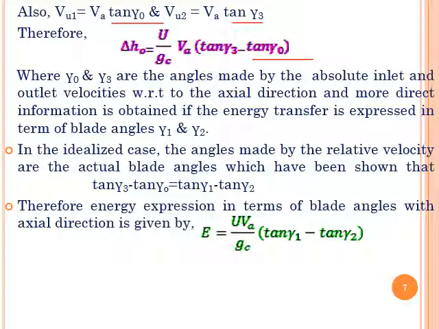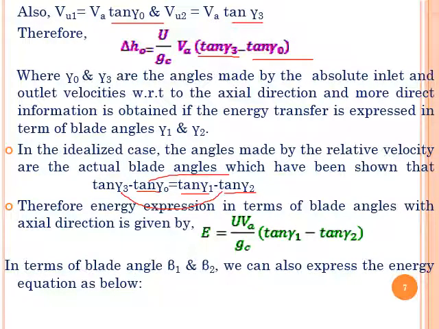Because here tan gamma 3 is equal to tan gamma 1, and in a similar manner tan gamma naught is equal to tan gamma 2. So these are the relations on this expression. According to those relations, we can write this energy transfer expression as E is equal to U by Gc V of A into tan gamma 1 minus tan gamma 2.